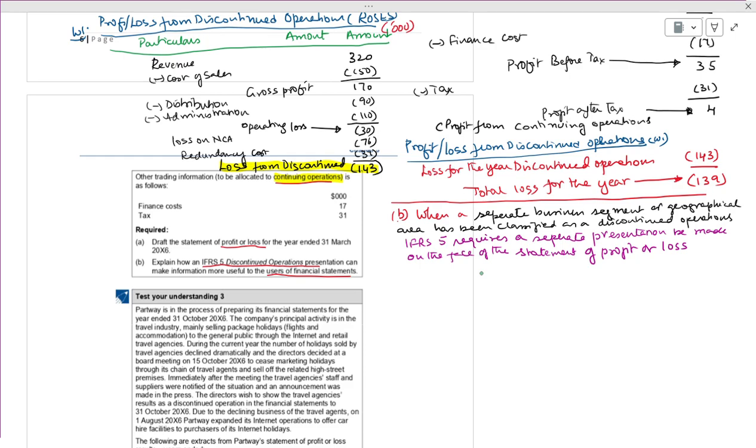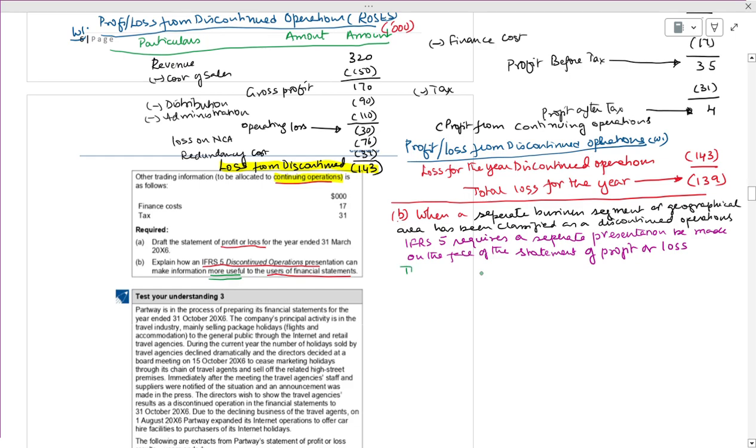Why are we showing this separately? If you show it separately, the stakeholders can identify what information will be more useful to the users. Why is it useful to the users?